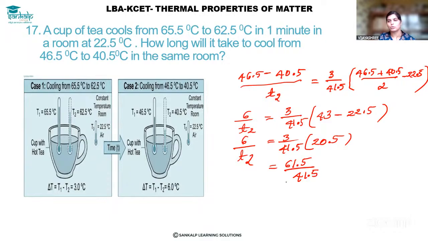So what does 6 by t2 equal? 61.5 divided by 41.5 is approximately 1 point something. So let me rearrange and find t2 directly.